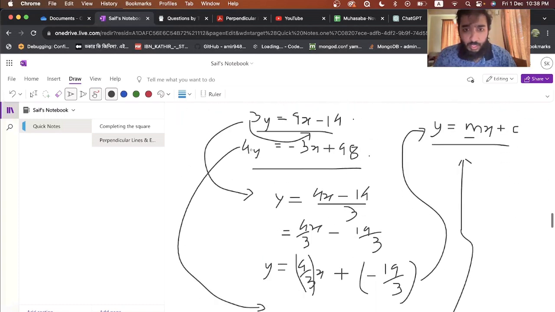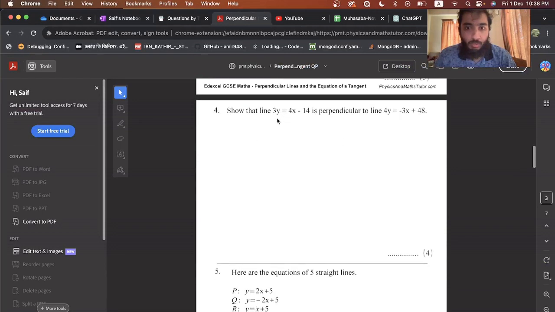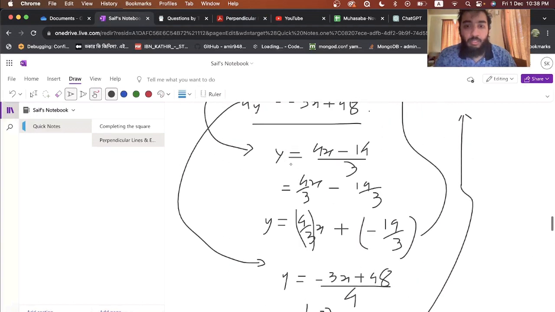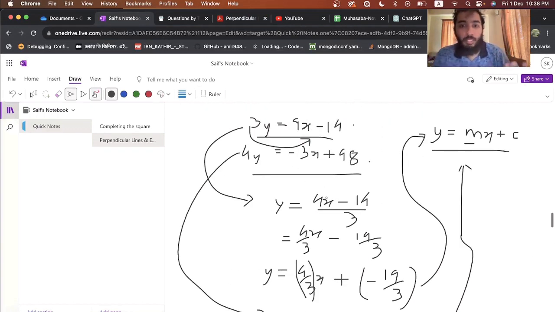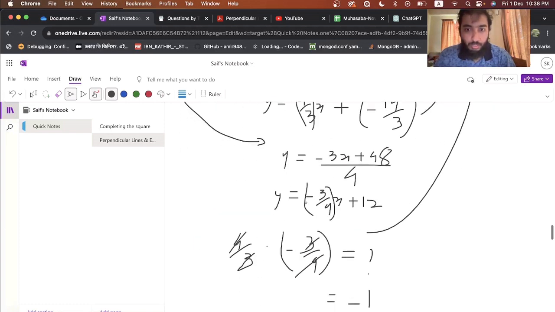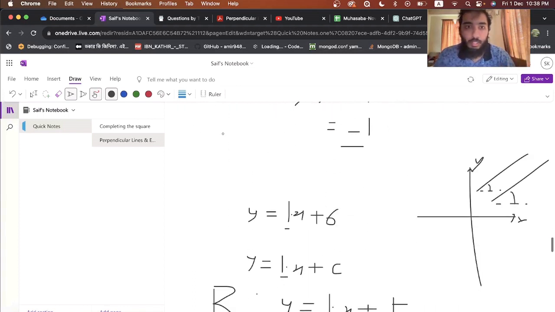In the first one, we had to show that these two lines are perpendicular. If two lines are perpendicular, their slopes multiply to -1. All we had to do was write them in this form and find the slopes, which were 4/3 and -3/4. Their multiplication is -1, so these two lines are perpendicular.